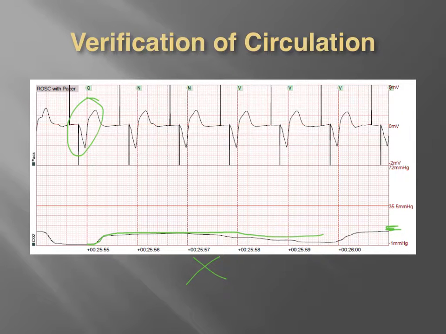But we can also see that that is a relatively low number, and we're probably around 12 or 15, somewhere in that area. So not very effective as far as circulation is going with this patient.